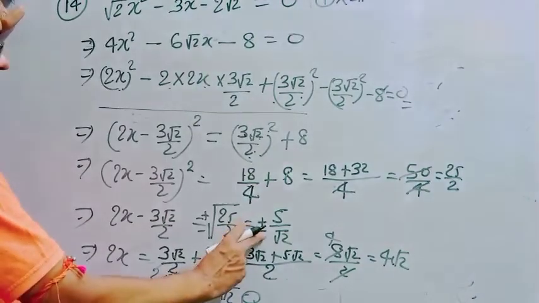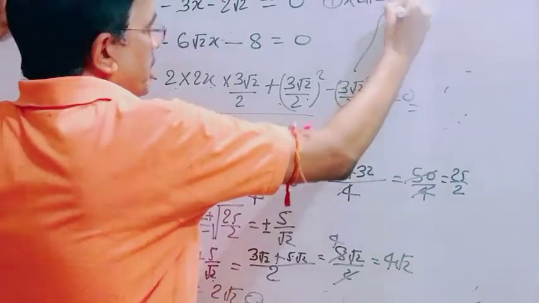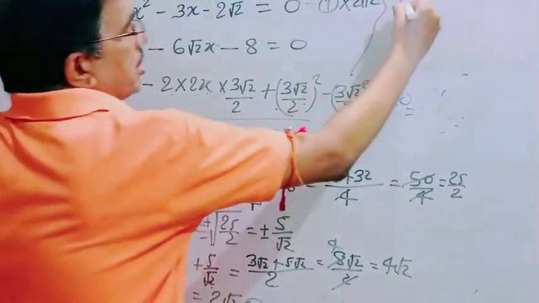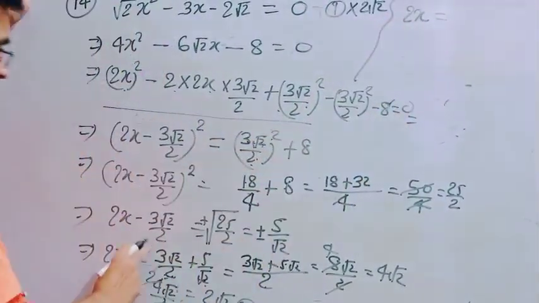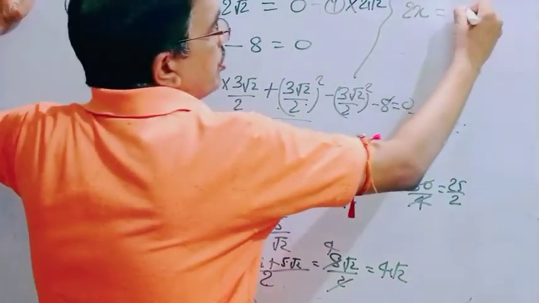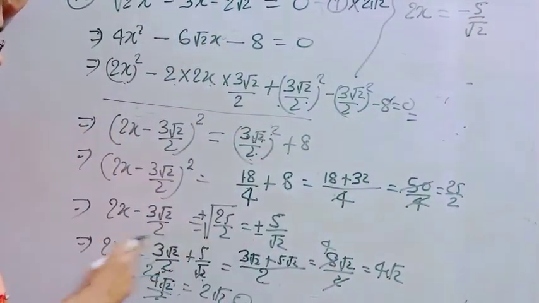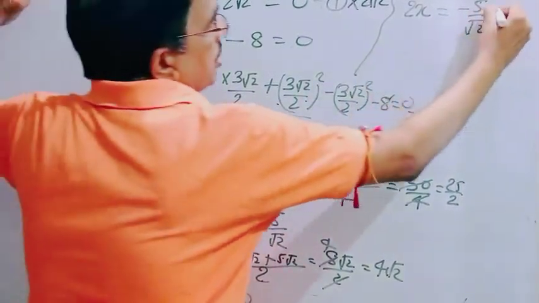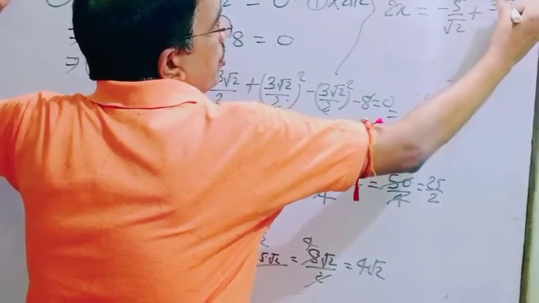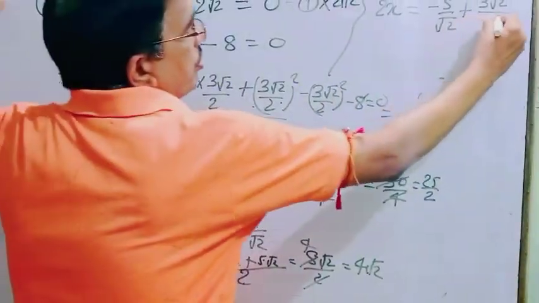And next, here is minus 5 by root 2. So you can solve here. That is 2x is equal to minus 5 by root 2, and plus 3 root 2 by 2.